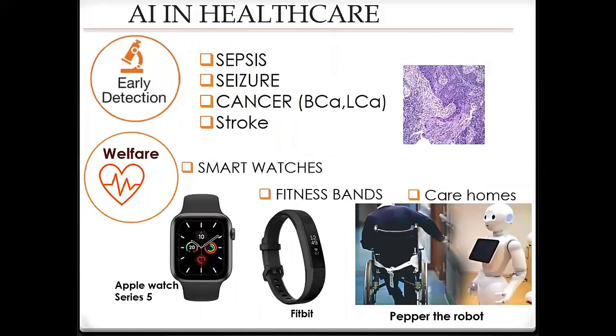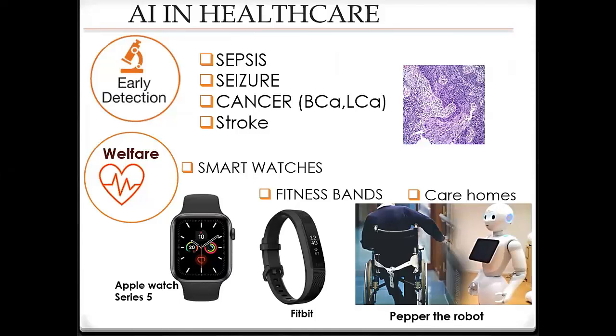So I already mentioned early detection. Many conditions such as sepsis, seizure, also cancer, and also stroke. All these are some of the examples where machine learning or deep learning or general AI is actually being used effectively to do an early detection of these abnormalities.